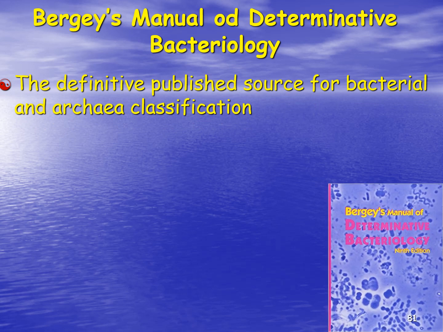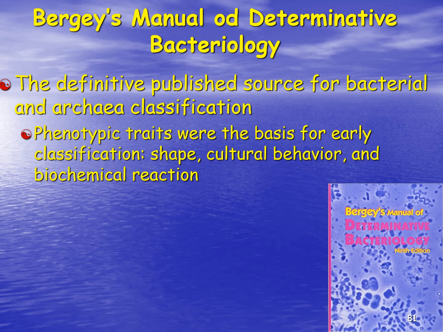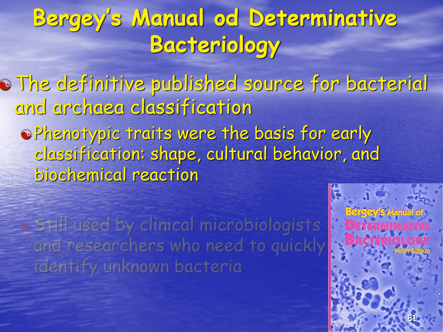Now, one of the things that we use as microbiologists is a book called Bergey's Manual of Determinative Bacteriology. This is the definitive published source for bacterial and archaea classification. This looks at phenotypic traits that were based for early classification, such as shape, cultural behavior, and biochemical reactions.